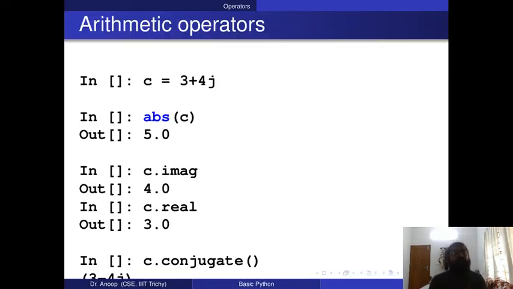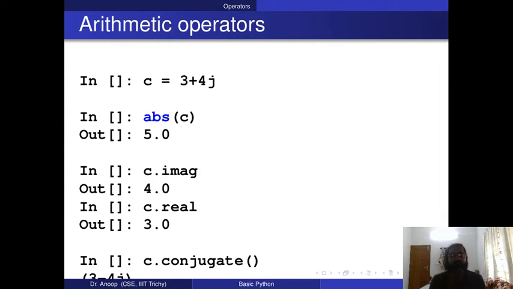And why did I tell you that? Because here is the first time. abs of c, you can see that abs is a function, something you have already done all the time. But c dot imag and c dot real are things you have not done so far, except in C structures.